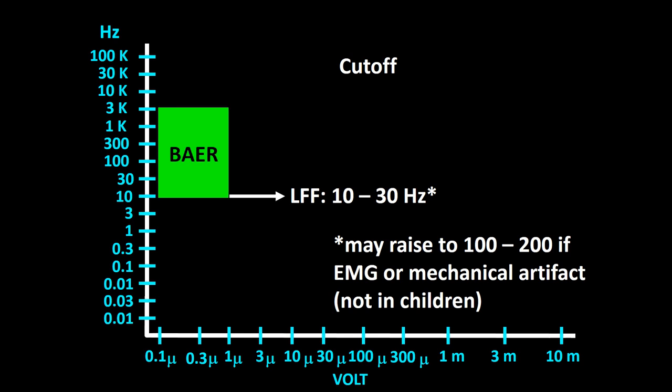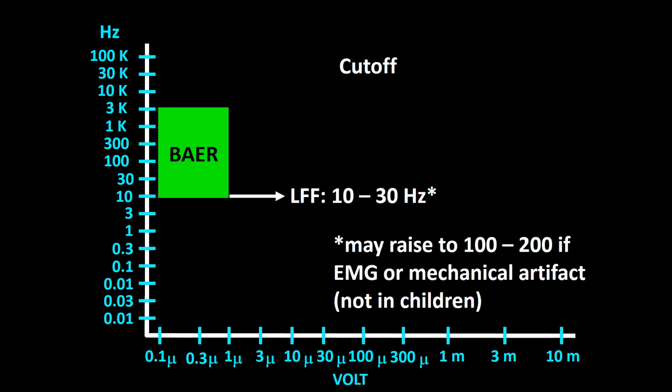Though most commonly the low frequency filter is set at 10, as I previously mentioned, at times we may have to increase the low frequency filter if EMG or mechanical artifacts are present.